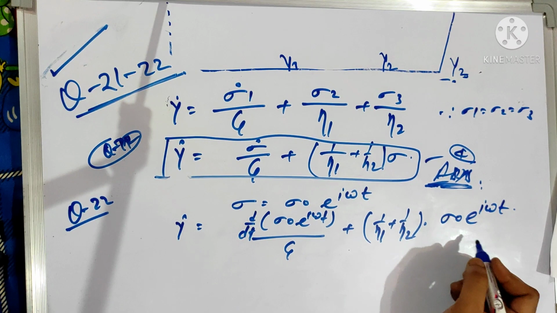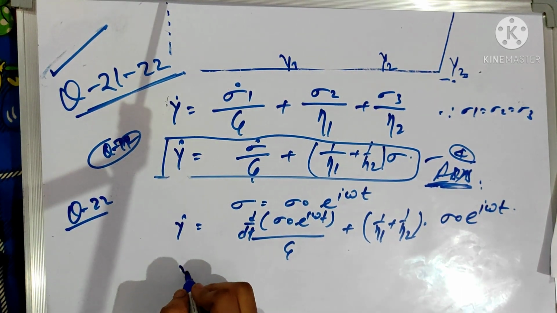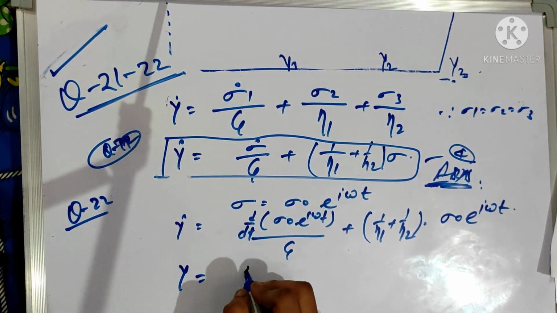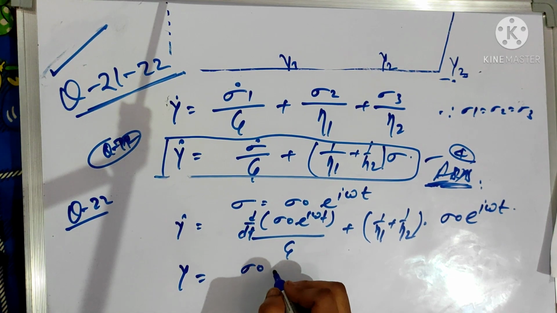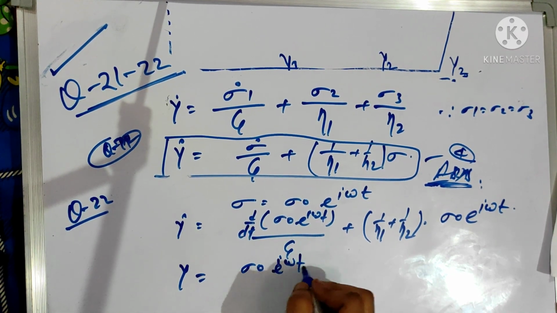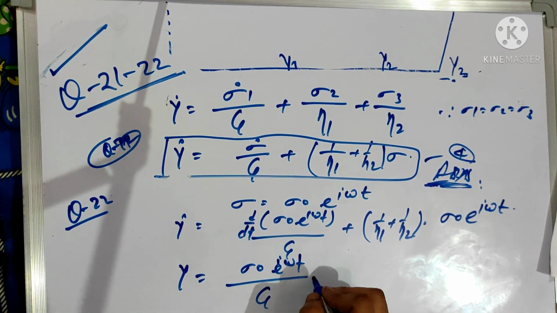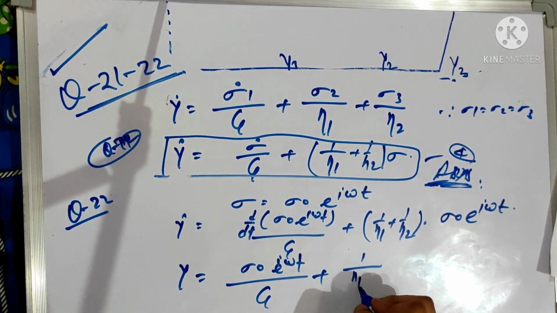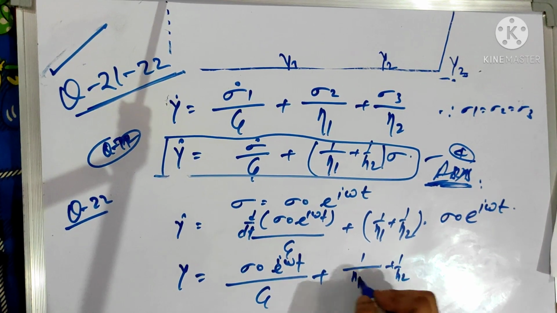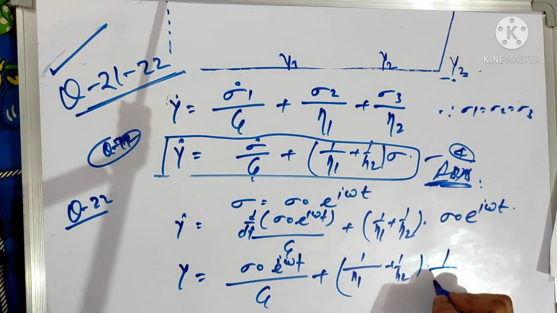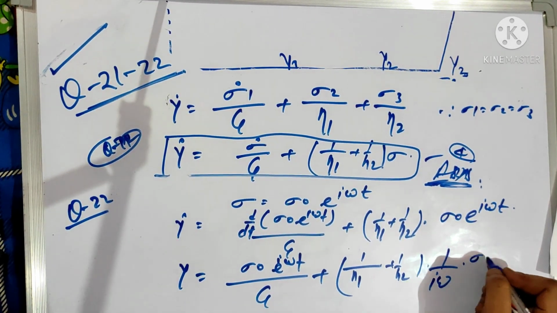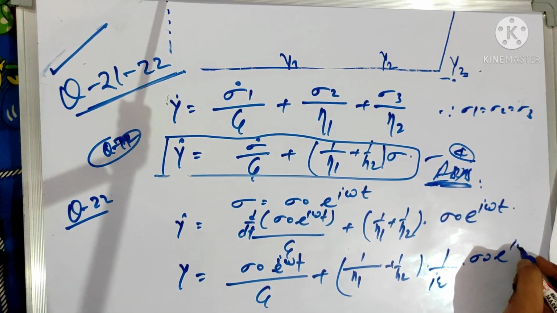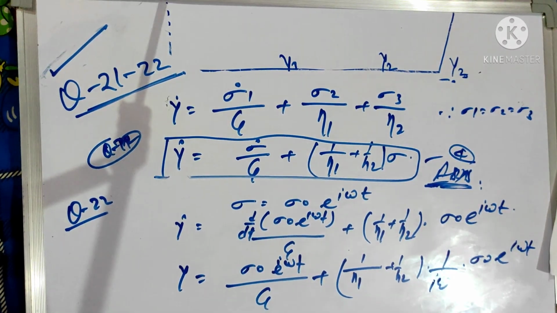Integrate this with respect to time, then you get γ = γ0 e^(iωt) divided by G plus 1 upon η1 plus 1 upon η2 into 1 upon iω into σ0 into e^(iωt).